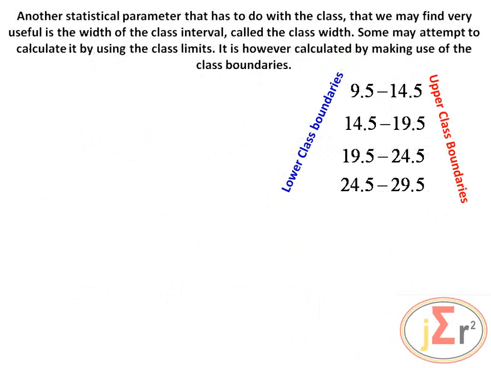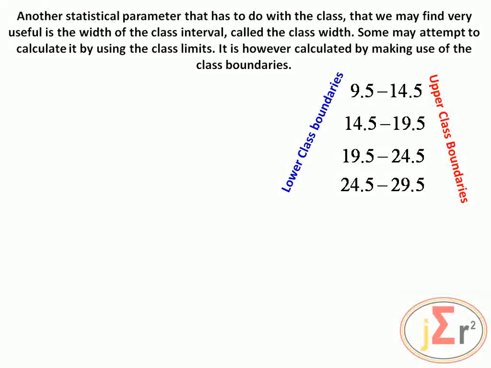Another statistical parameter that has to do with the class that we may find very useful is the width of the class interval, called the class width. Some may attempt to calculate it by using the class limits. It is, however, calculated by making use of the class boundaries.